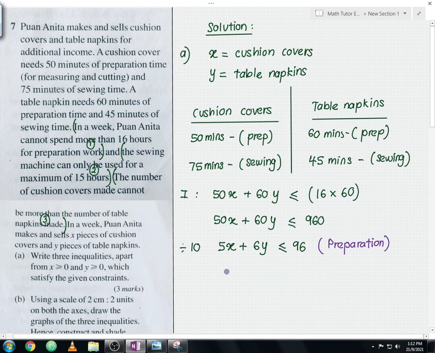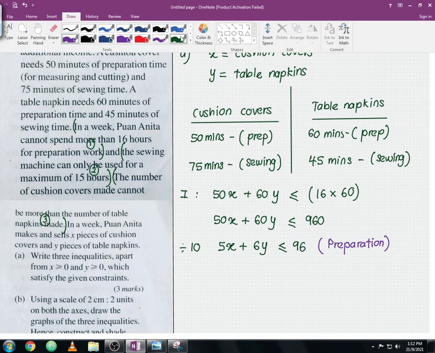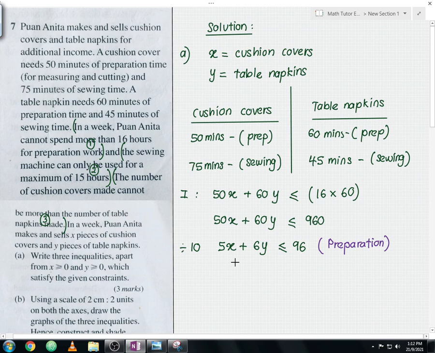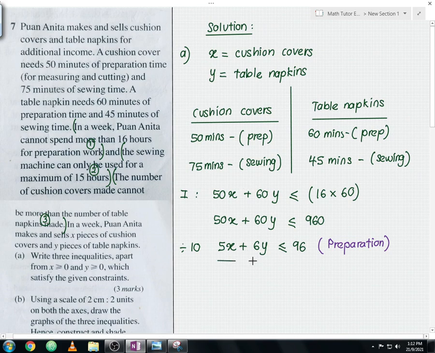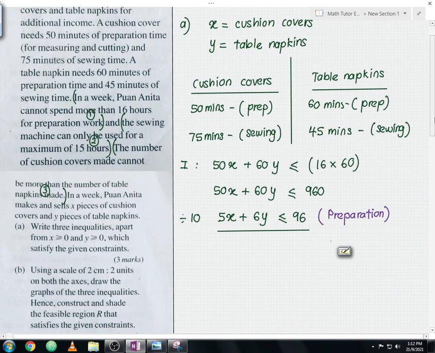And I will underline this first constraint as well. Once we identify the first constraint, let us move to the second constraint.